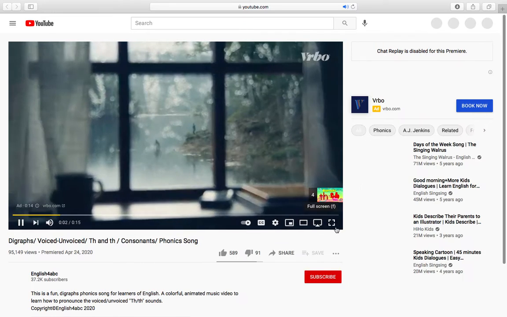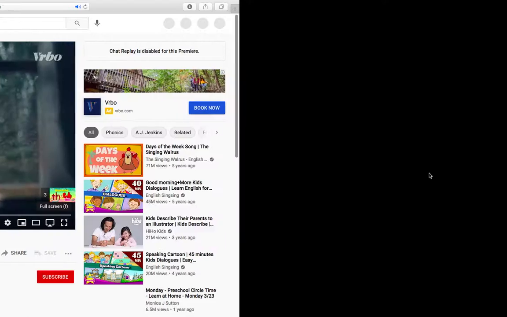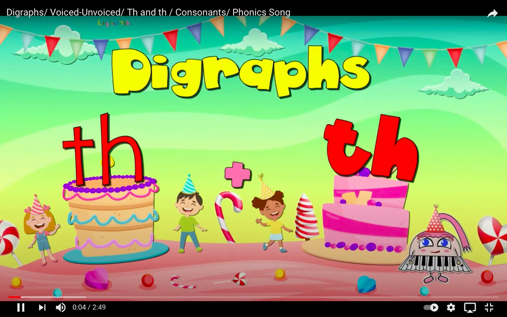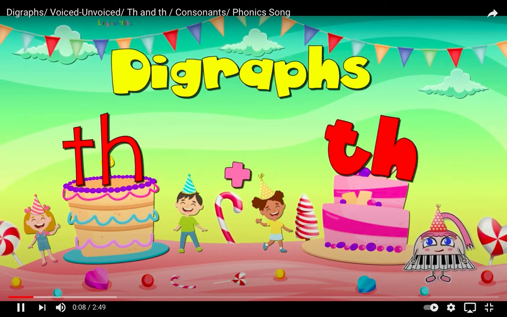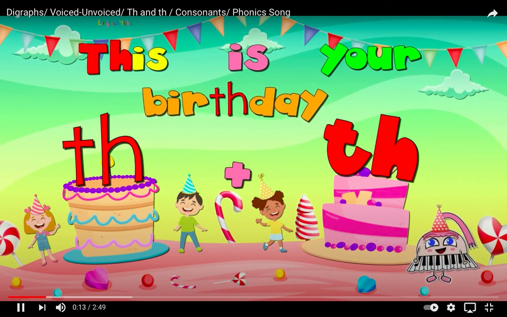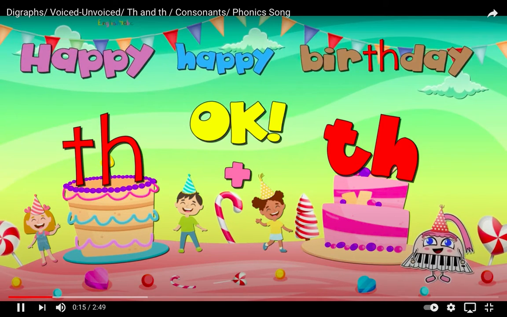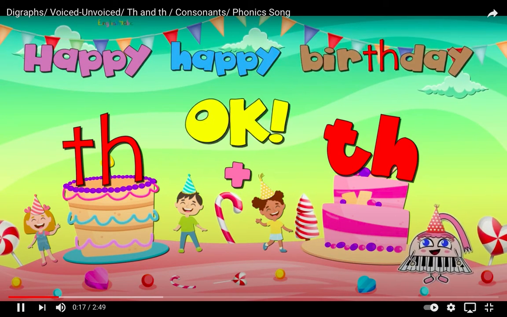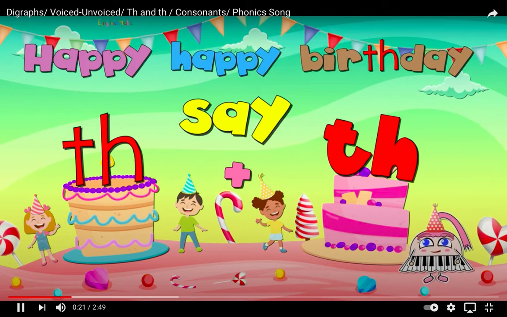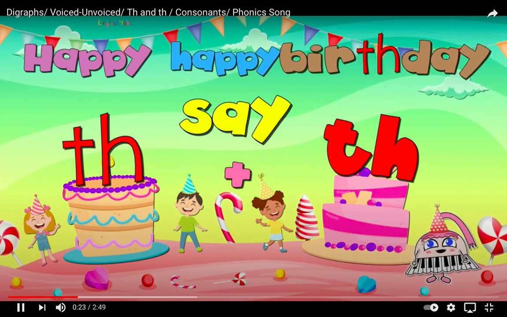That face that is usually covered by her phone has finally made an appearance. Digraphs. This is your birthday. Happy birthday, okay. This is your birthday. Happy birthday, say.